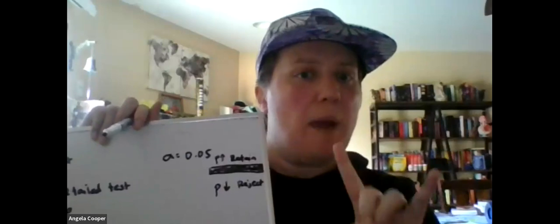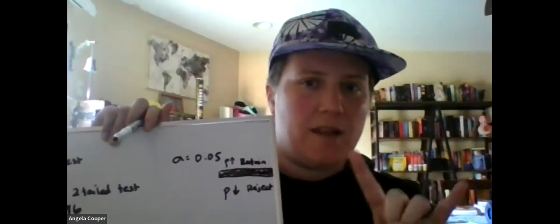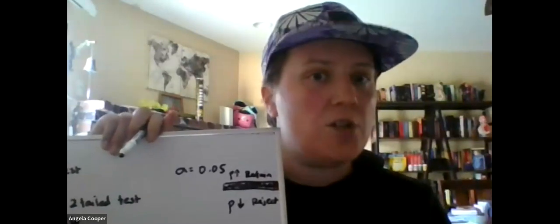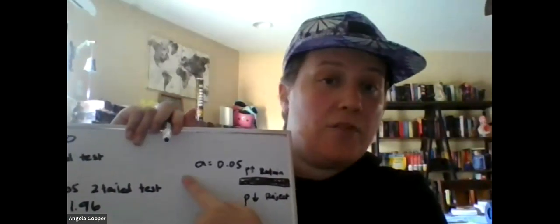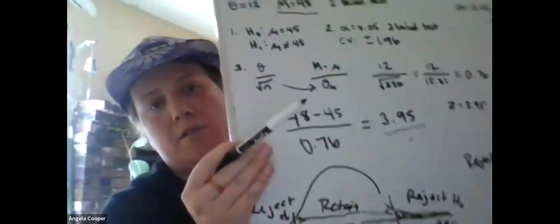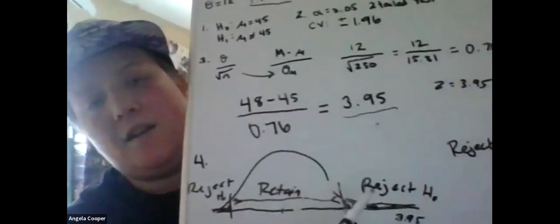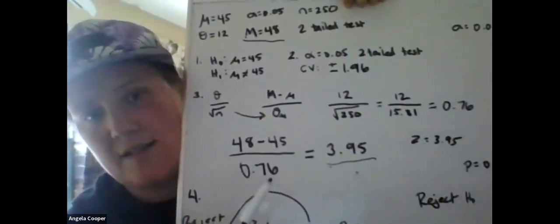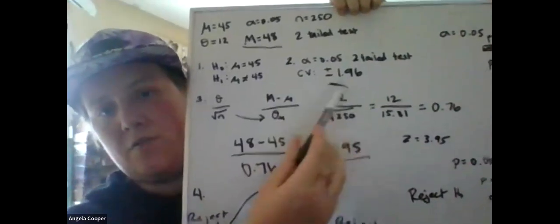Again, we have those two pairs of information to determine significance and make the decision regarding the null hypothesis: we have p and alpha, and then we have our z statistic, or whatever our test statistic is, and our critical values.